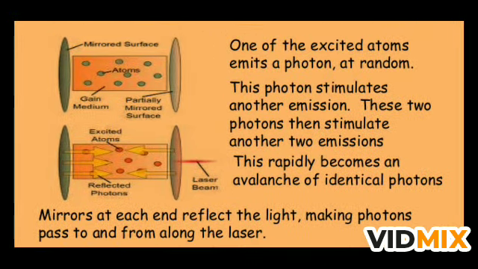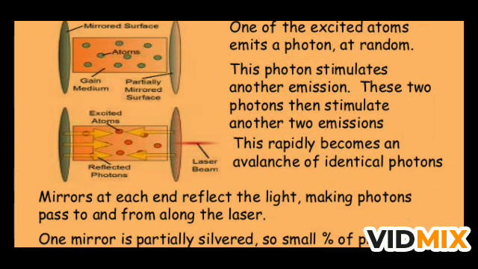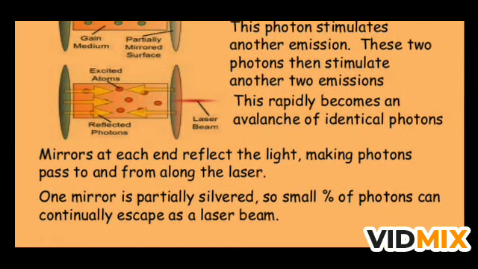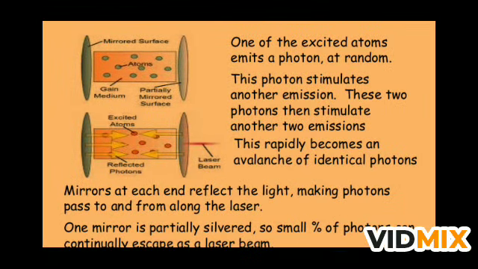One of the excited atoms emits a photon at random, and this photon stimulates other emissions. These two photons then stimulate another two emissions. This rapidly becomes an avalanche of identical photons, with a mirror at each end reflecting the light, making photons pass to and fro along the laser. One mirror is partially silvered, so a small percent of photons can continually escape as a laser beam. This is how the laser works.